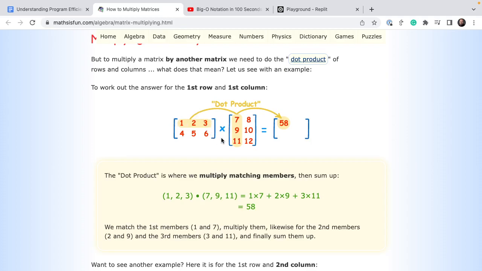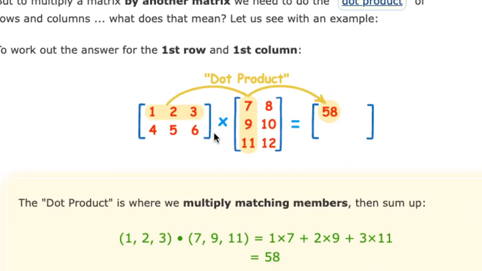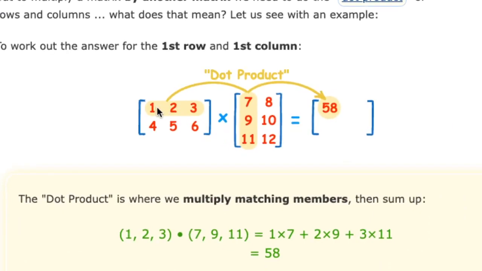But essentially, the way that you multiply matrices is you take combinations of the first row with the first column, and then you multiply them together, and then you add them, and all of that work gets you one entry of the resulting product matrix.